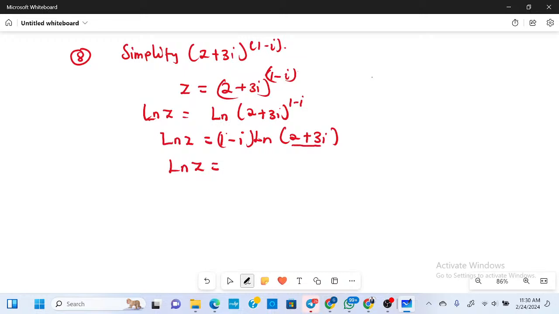So 2 plus 3i to the polar form, I'll have my r equal to the square root of 2 squared plus 3 squared. This is giving me the square root of 4 plus 9, that is root 13, right? While the argument is tan inverse of 3 on 2. So what is tan inverse of 3 on 2?